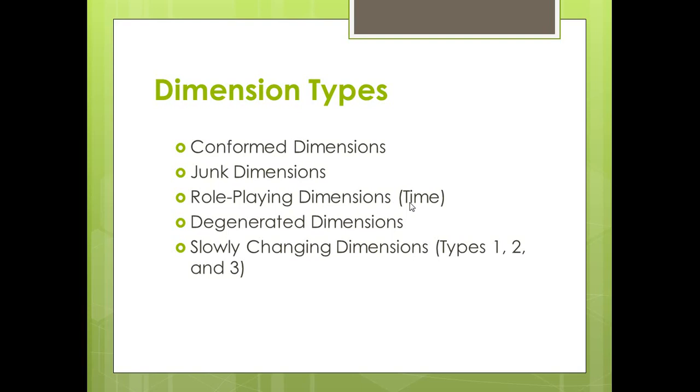A junk dimension I'll get back to afterwards. However, a role-playing dimension is a dimension that has been merged with other similar dimensions. So for example, I mentioned previously the time dimension. The time dimension could be a merging of different time dimensions.